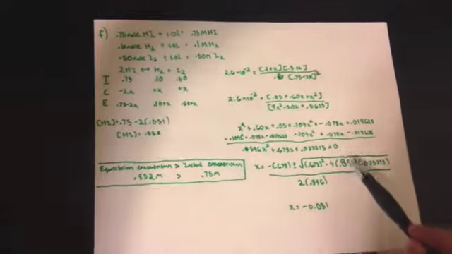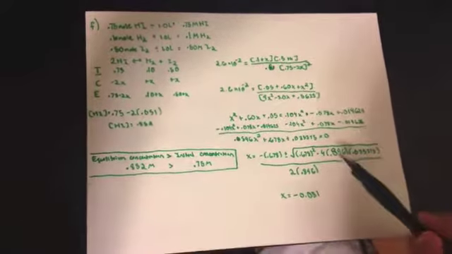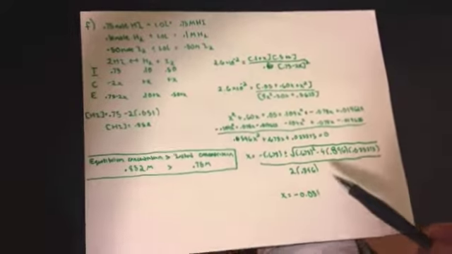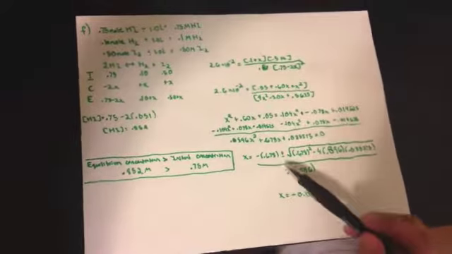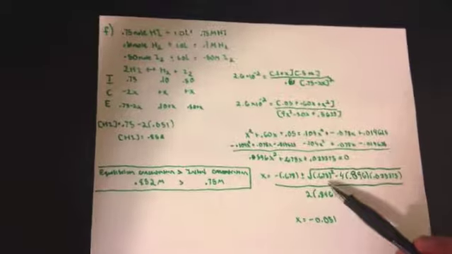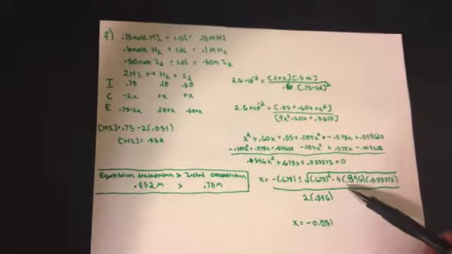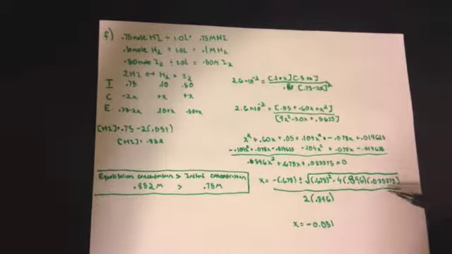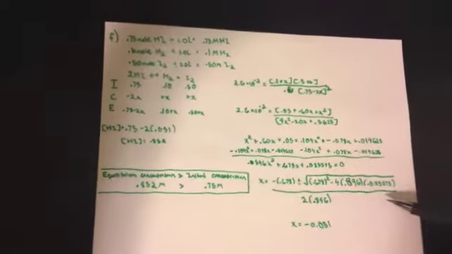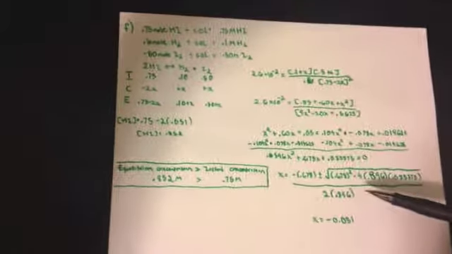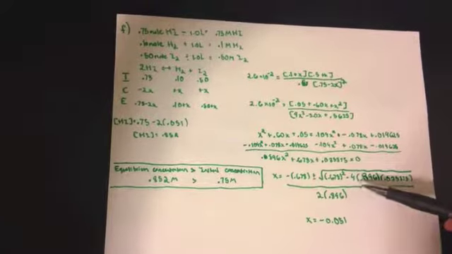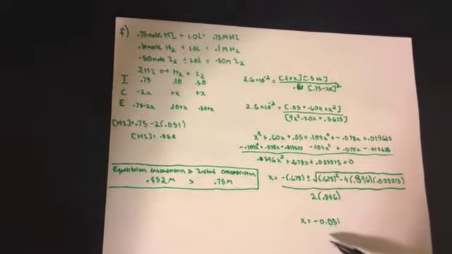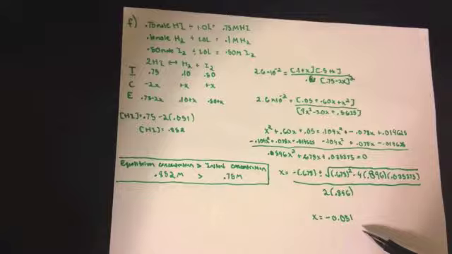So now that everything's equal to 0, we can use the quadratic formula, and we get x equals negative 0.678 plus or minus the square root of 0.678 squared minus 4 times 0.896 times 0.035375, all over 2 times 0.896, and x is equal to negative 0.051.